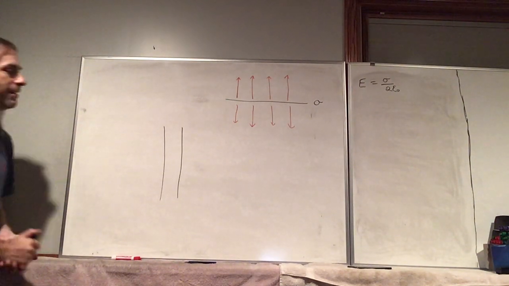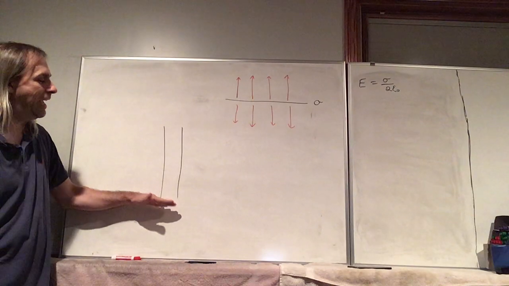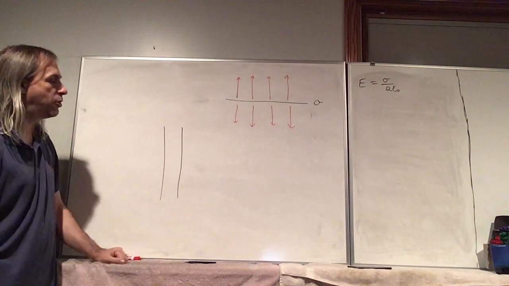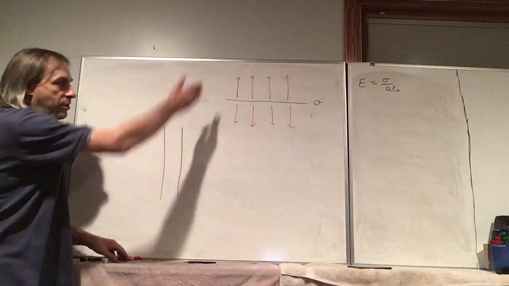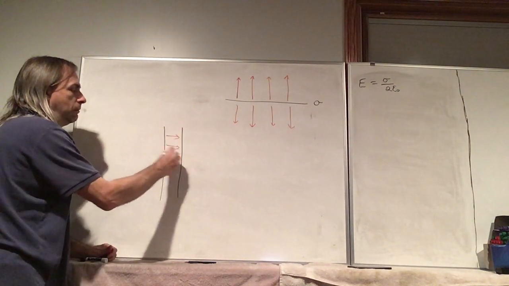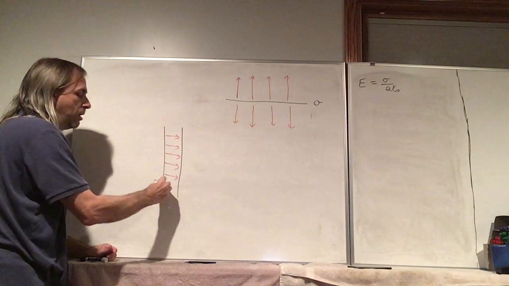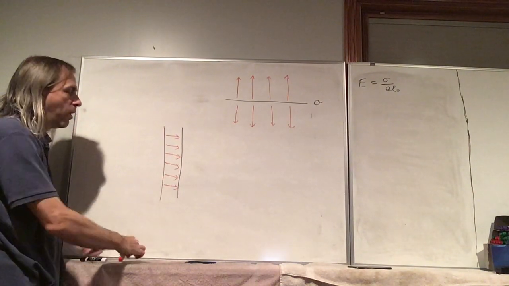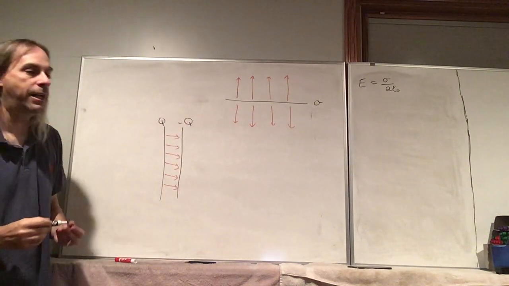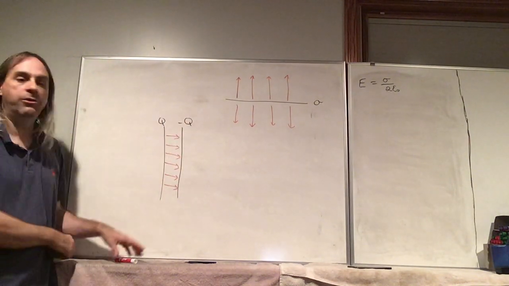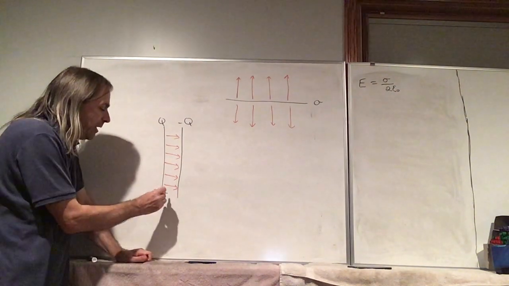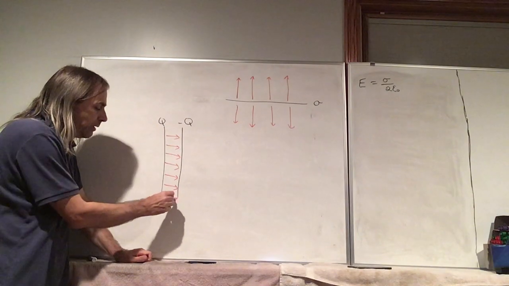As long as you're not close to the edges, the electric field in between these two planes is going to look just like this, just perpendicular from one plane to the other. One of these planes is going to have a positive charge, the other a negative charge. And the electric field is going to look just like this until you get to the edges where they start curving outwards like this.